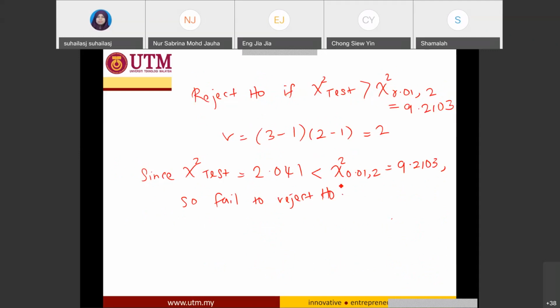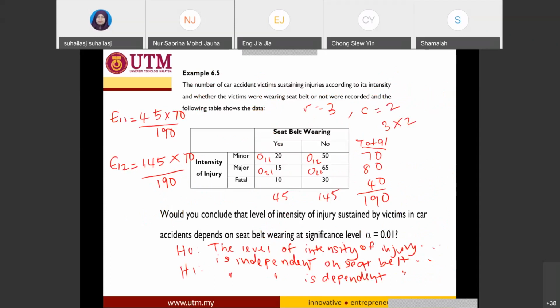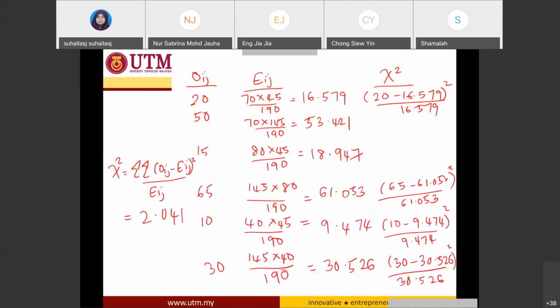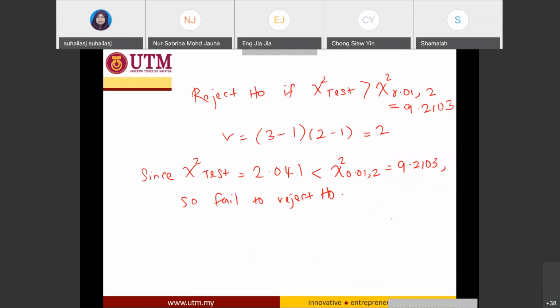That means we accept our null hypothesis. So we conclude that there is evidence to indicate that the level of intensity of injury sustained by victims in car accidents is independent of seatbelt wearing. Because we accept our null hypothesis, it should be independent. Okay, so that is your answer in this question.